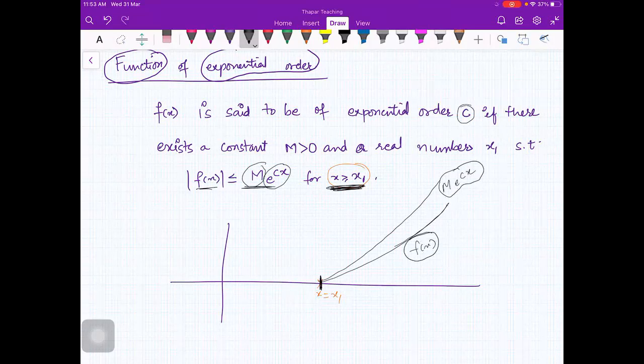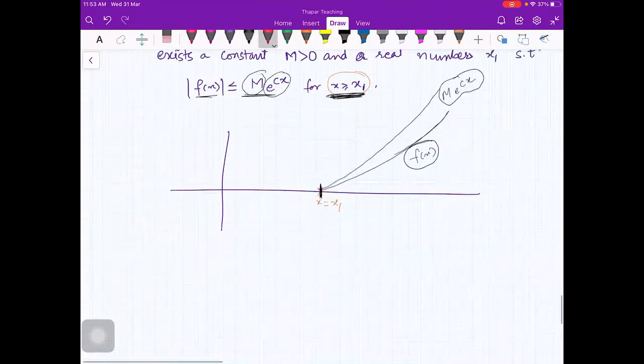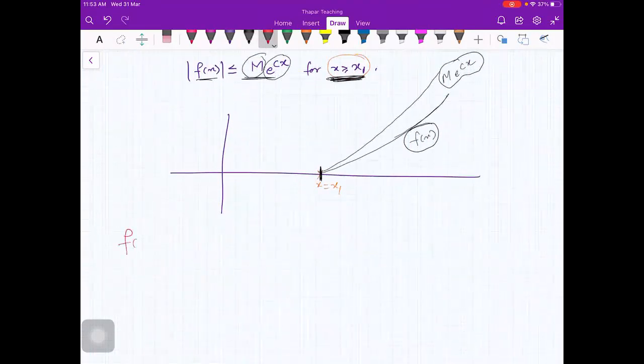Then we say that the function is of exponential order c. So for example, look at this function f of x is equal to sine x. Now I know that mod of f of x, which is mod of sine of x, this is less than or equal to 1. So I can write it as 1 into e raised to power 0x.